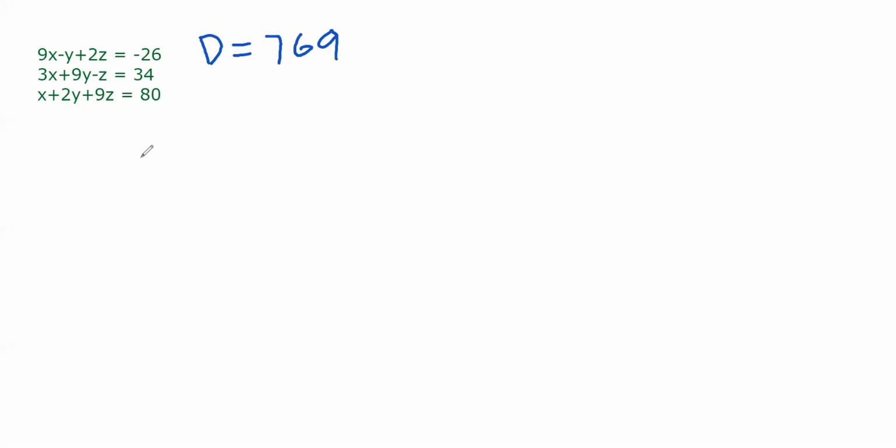So we need to compute dx, which is going to be the determinant of a 3 by 3 matrix again, only this time we replace the entire first column with the solutions, -26, 34, and 80. And they're called the solutions.